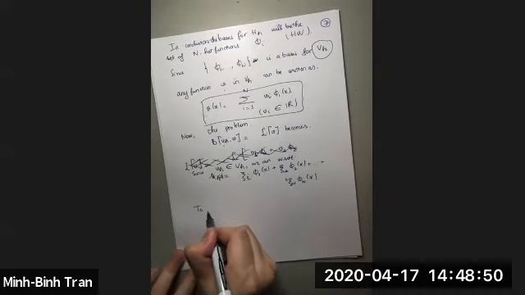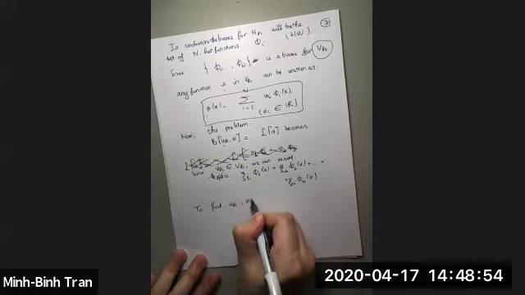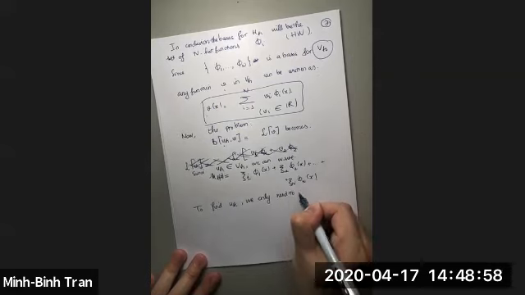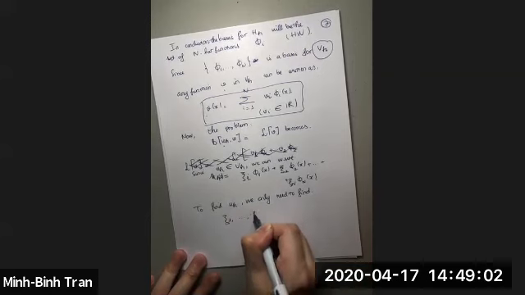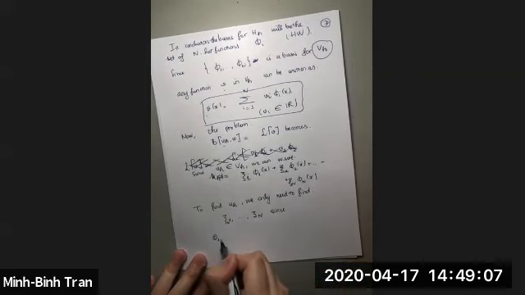To find uh, we only need to find c1 to cn, since phi1 to phi n are given.